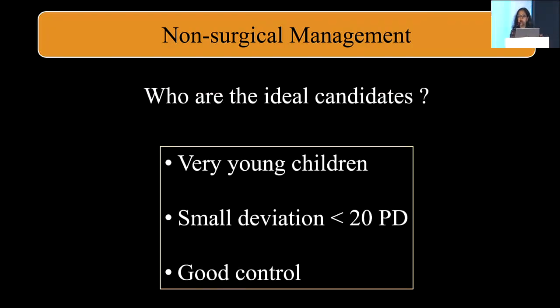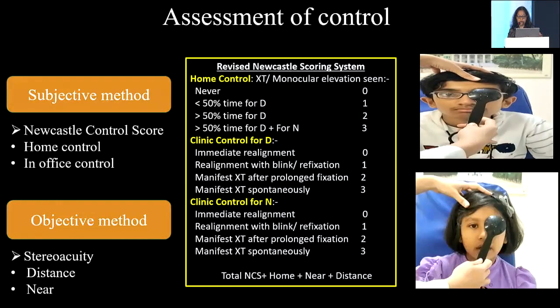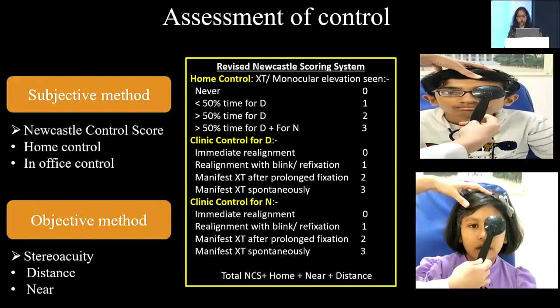So who are the ideal candidates where we actually think of non-surgical management? They are the young children, the smaller deviation, less than 20 prisms, and patients with good control. Coming to control, good control can be measured objectively by stereo acuity, better for the distance because that goes first and later for near, or you can have the Newcastle score where we have home control and clinic control.